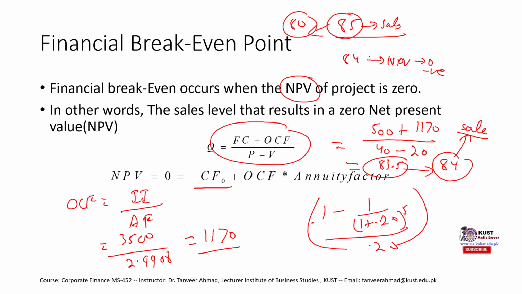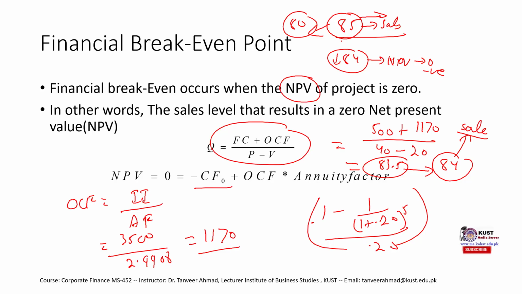It would be less than 84. Remember, if we sell less than 84, then our NPV would be negative. So now you get an idea that in this case, the forecasting risk is quite high. Why? Because we think that we will be able to sell 85 units, and at 84 our financial break even is achieved. So there is no room for error.